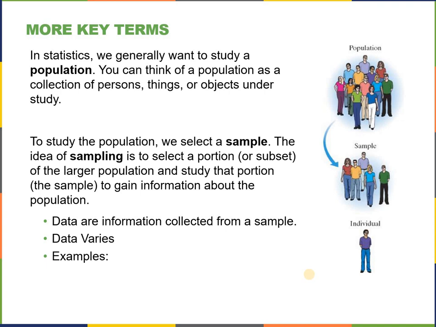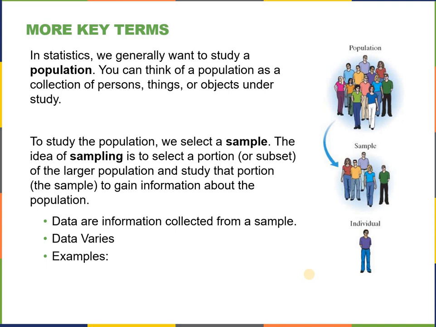For example, a group of students is a population, or all of the students at CCD are a population of CCD students. The number of computers at the computer lab is a population. Maybe you're discussing the population of specific species of birds in Colorado. That is also a population.